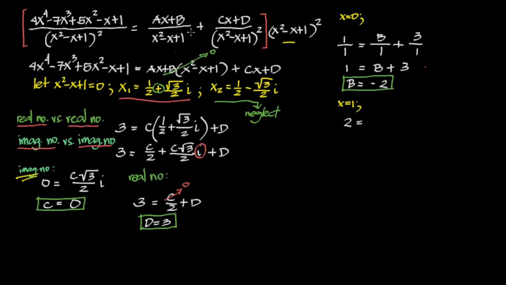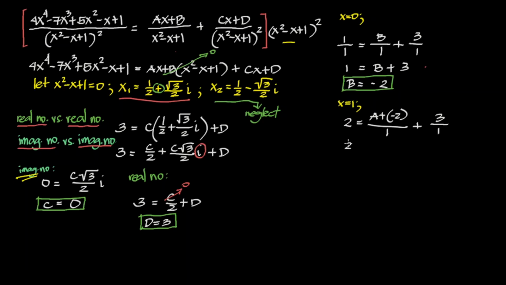Then ito we have a times 1, that's a, plus yung value ni b is negative 2. Tama? Since negative yung value ni b, over ito 1 minus 1, that's 0, plus 1, so over 1 ito, plus ito c 0, so d is 3, over this one is 0, 1 squared, so 1 yung natitira.